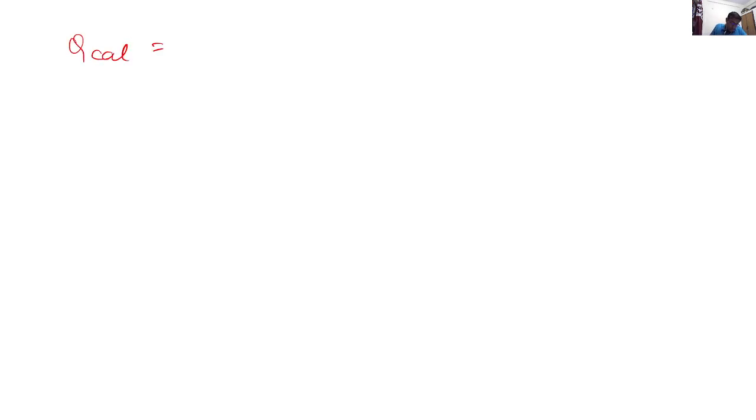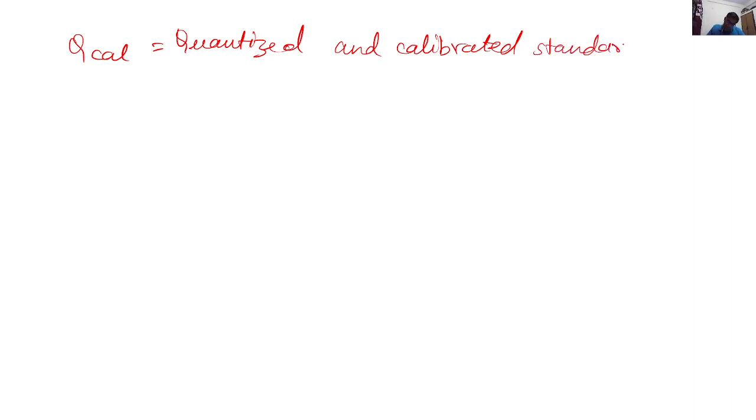QCal is nothing but the quantized DN numbers. I mean DN numbers basically, nothing else. Quantized and calibrated, I mean whatever the level 1 product gives. So that is QCal, standard product pixel values, nothing but the DNs.